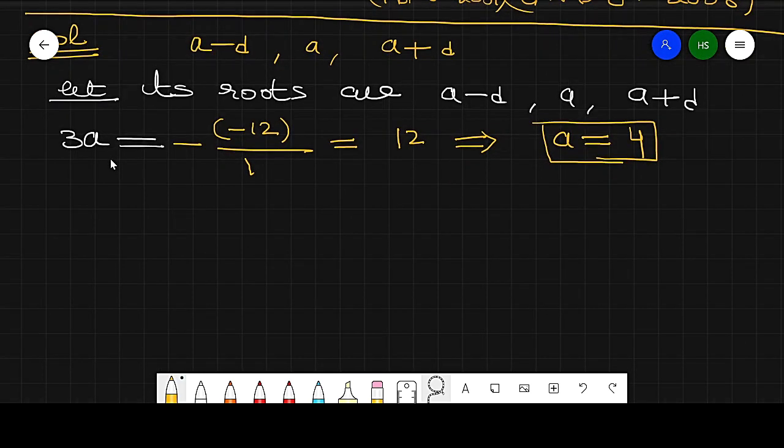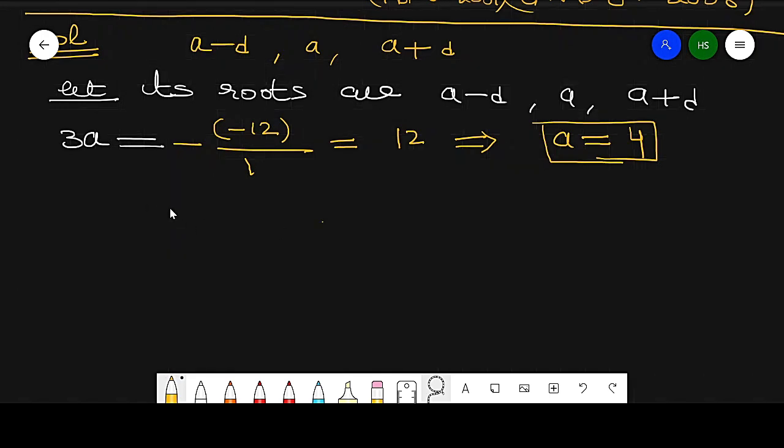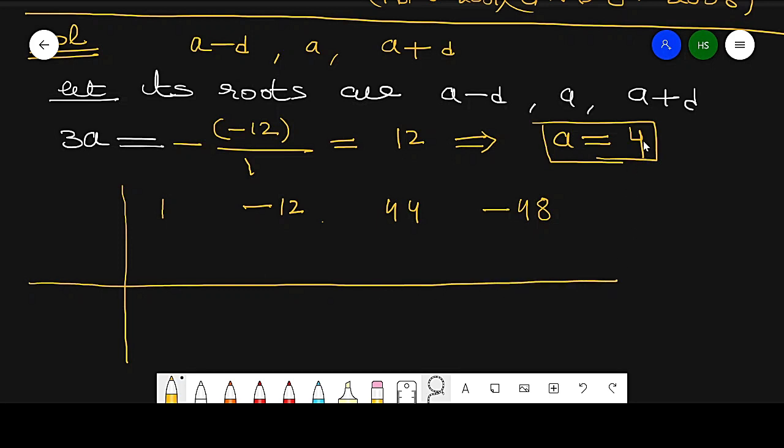Now the remaining 2 roots we can find from the quadratic equation. I will use the synthetic method of division. Just write the coefficients: coefficient of x cube 1, then minus 12, then 44, and the last is the constant term minus 48. See the method. This 4 is a root of this equation, so write the root at this place.